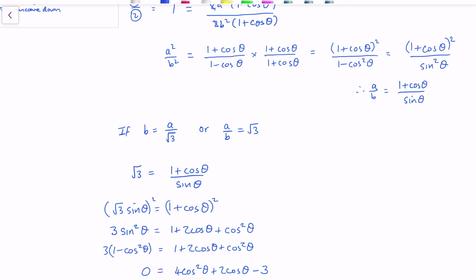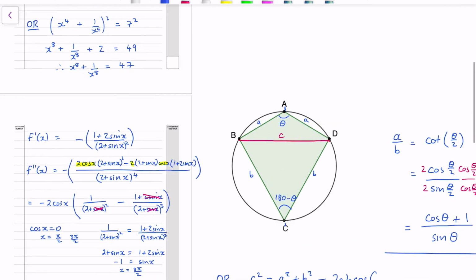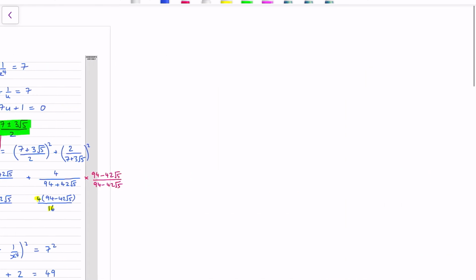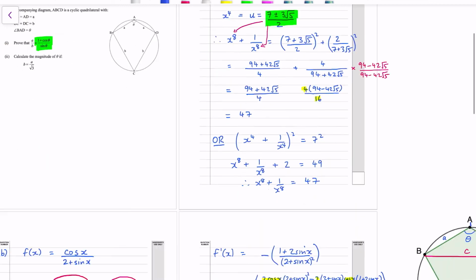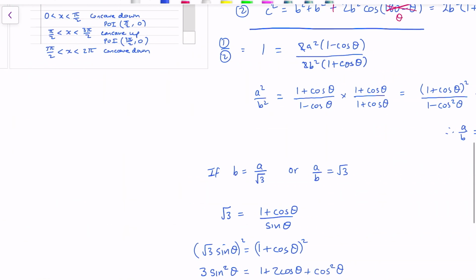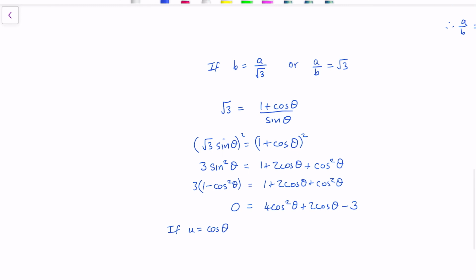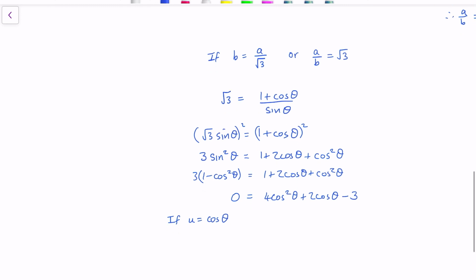What's a over b? b equals a over root 3. So just checking that I'm doing this right. Yep. A over b is root 3. Cross multiply, expand it. Minus cos squared theta.